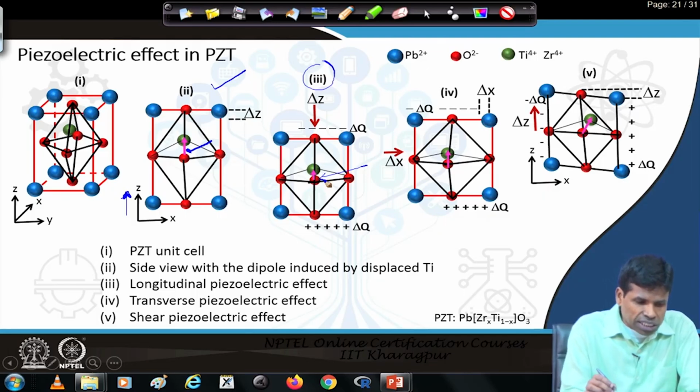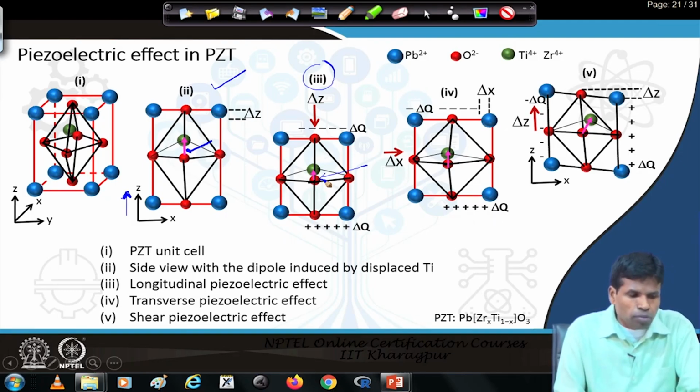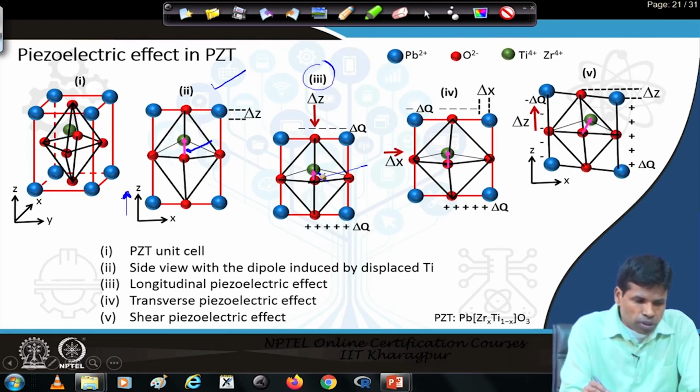Therefore the charge will reduce and the electric dipole moment will also decrease, because of the strain along the z direction, that is, the compression.